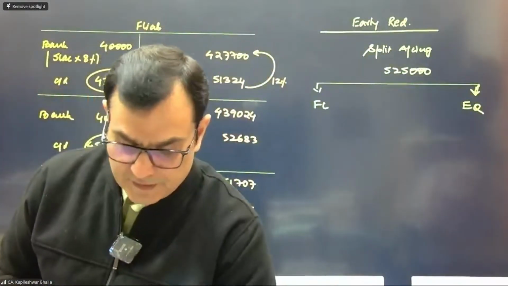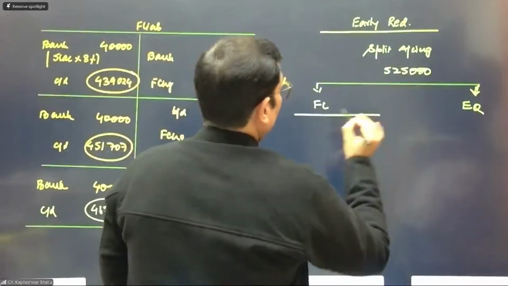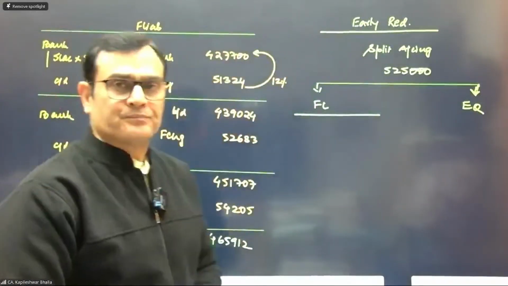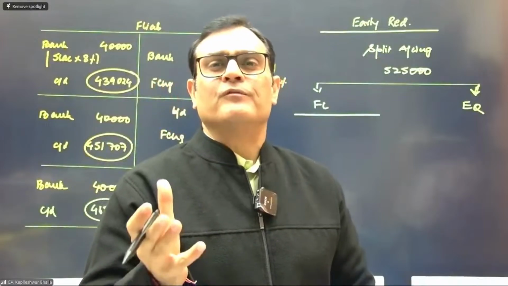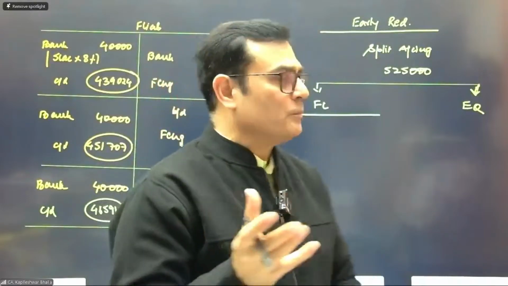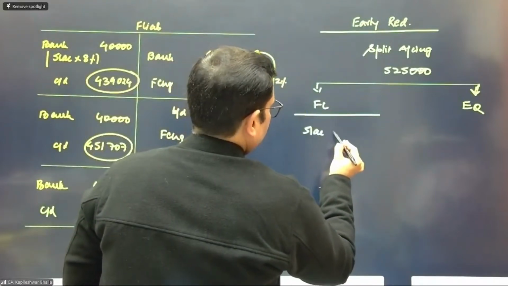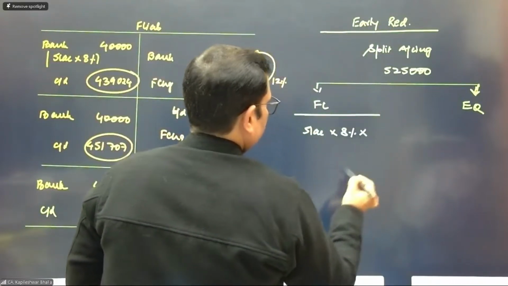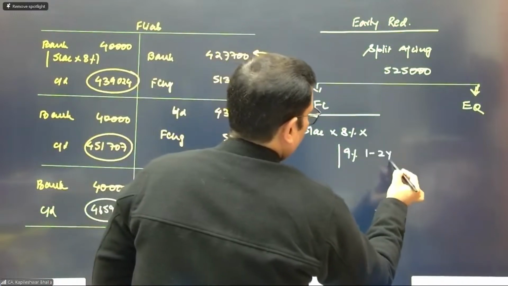So let's see what obligations are pending. How much more interest is pending now? Out of 5 years, 3 years interest is paid, so we've got a payment of another 2 years coupon. What was the coupon rate on 5 lakhs? I think 8%. We need discounting at 9% for a period of 2 years.